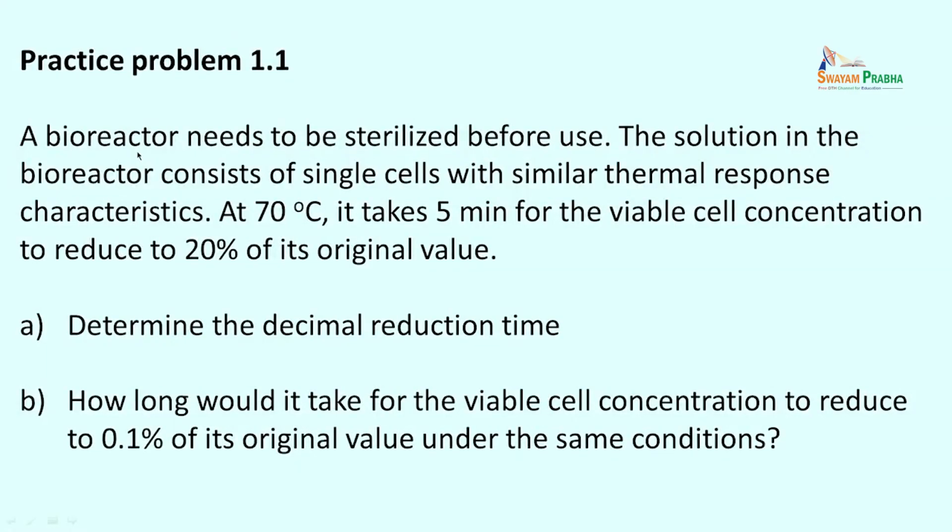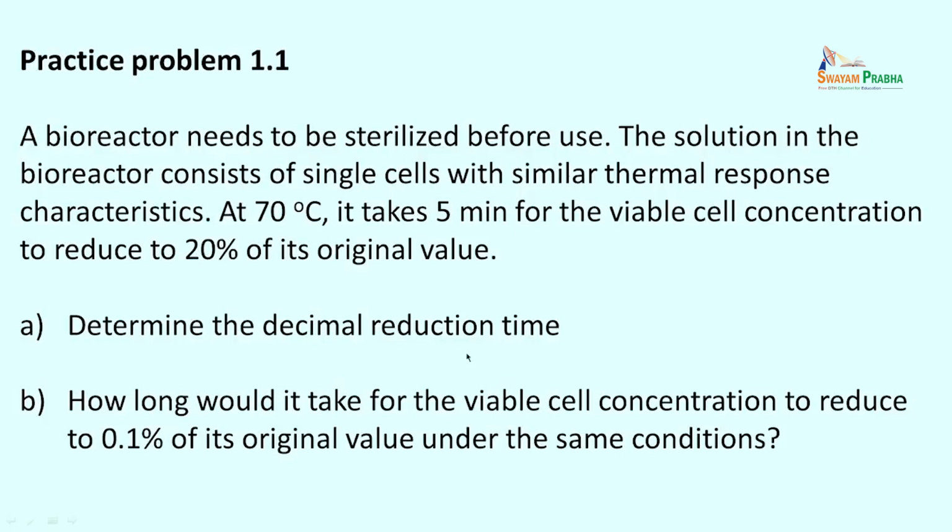The practice problem here reads: a bioreactor needs to be sterilized before use. The solution in the bioreactor consists of single cells with similar thermal response characteristics. So, it is going to be a single line that is dropping. At 70 degrees C, it takes 5 minutes for the viable cell concentration to reduce to 20% of its original value. A, determine the decimal reduction time.